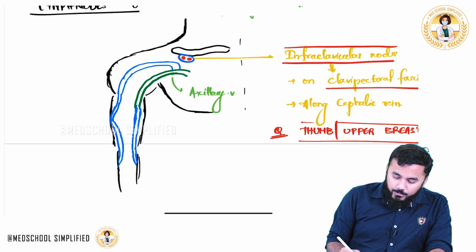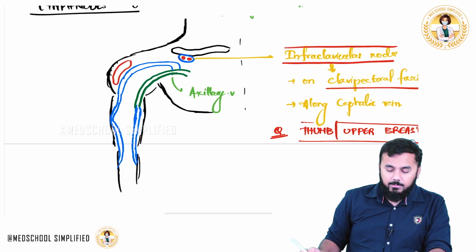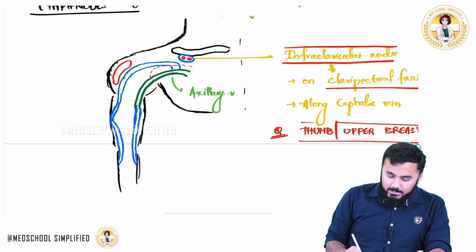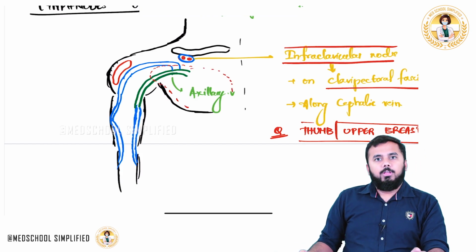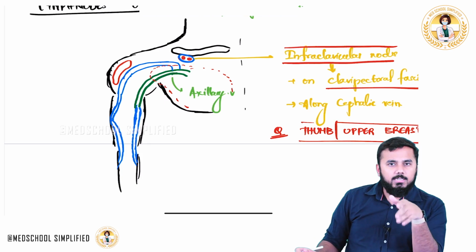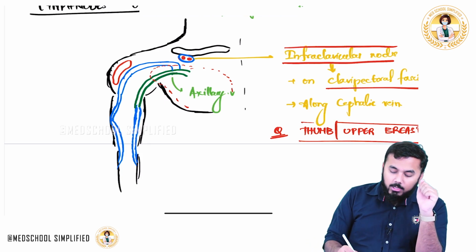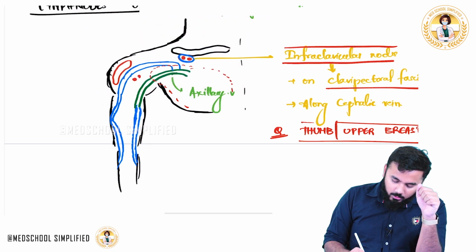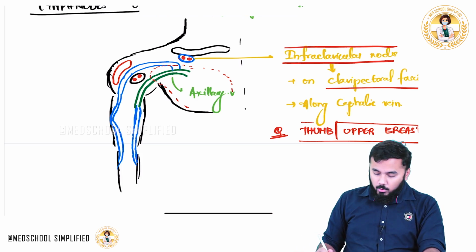Next important thing: I already told you that here we have a muscle called the deltoid muscle, and another muscle, the chest muscle, called pectoralis major. Between the deltoid and pectoralis major, there is a groove called the deltopectoral groove. In that deltopectoral groove also, we have lymph nodes. These are called deltopectoral nodes.